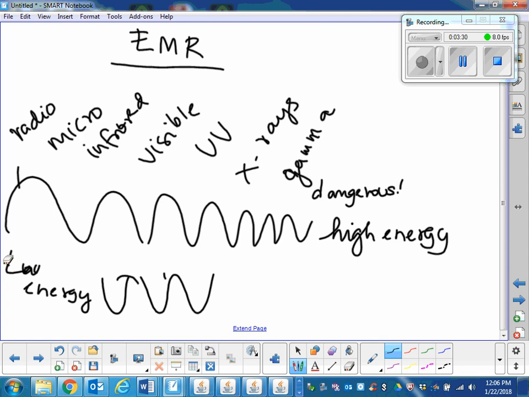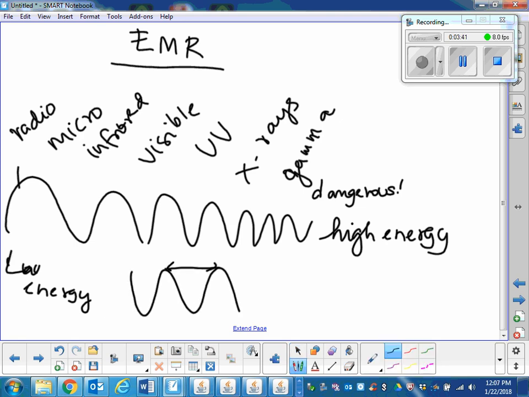So the distance between two crests is known as wavelength. This distance is the wavelength. Now, this is the amplitude of the wave. We're not going to be working with the amplitude of the wave. We're just going to work with the wavelength.